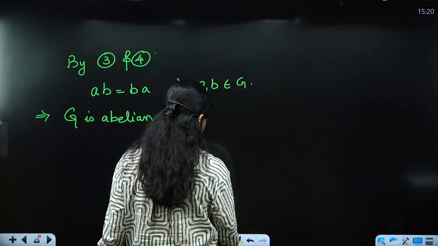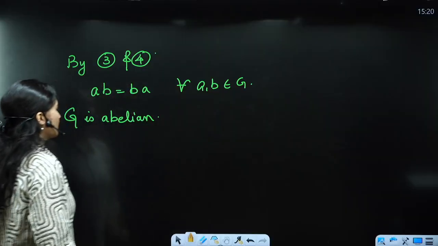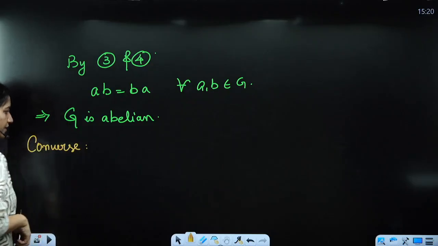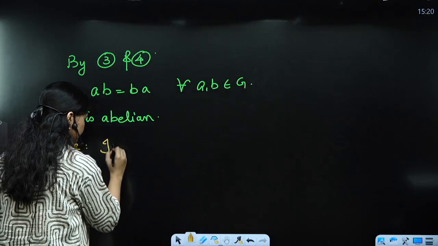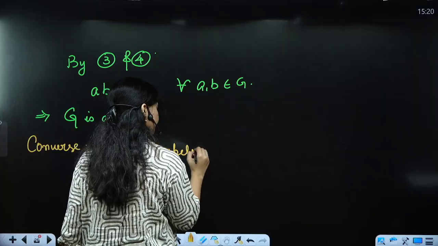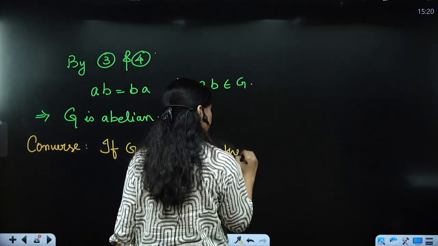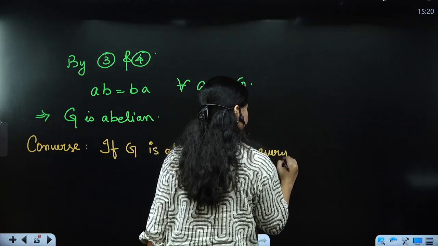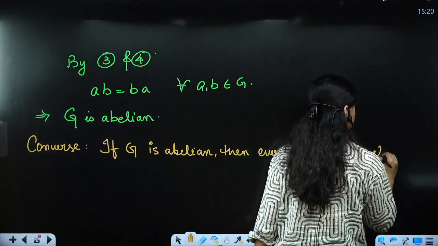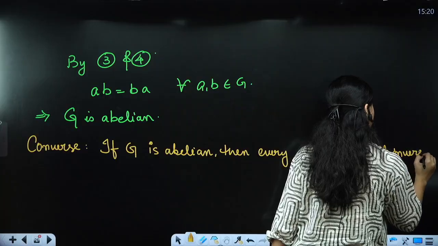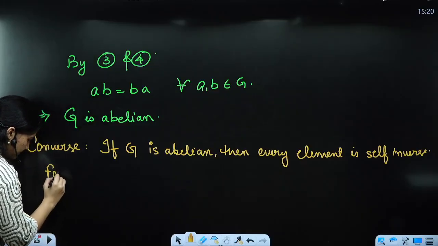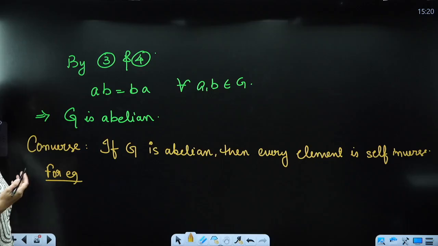Now the converse. Now converse is going to be what? If G is abelian, then every element is self inverse. But for example, let's take कोई भी example ले लो.